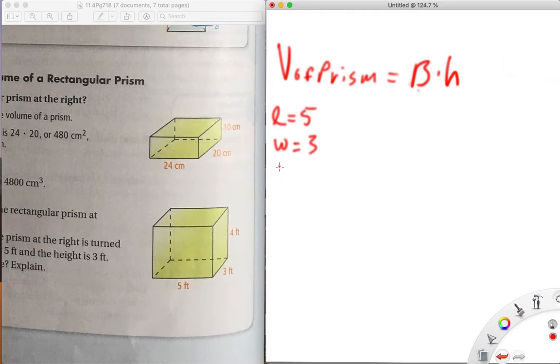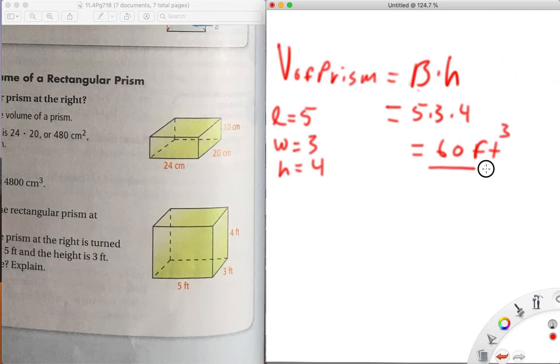And then the height of the prism is 4. So the volume is going to be 5 times 3 times 4, which is 12 times 5. So it's going to be 60, and it's going to be 60 feet cubed.